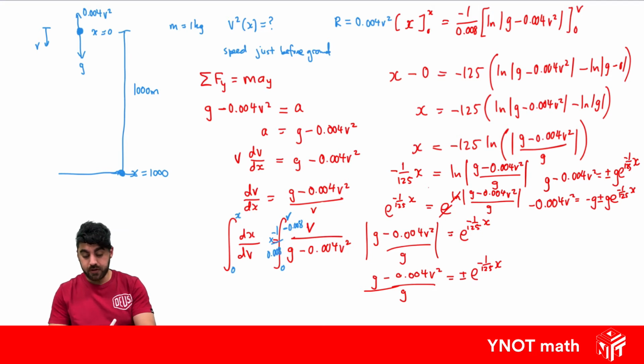Let's divide both sides by minus 0.004. So we get v squared equals minus g plus or minus g e to the minus 125x all over minus 0.004.